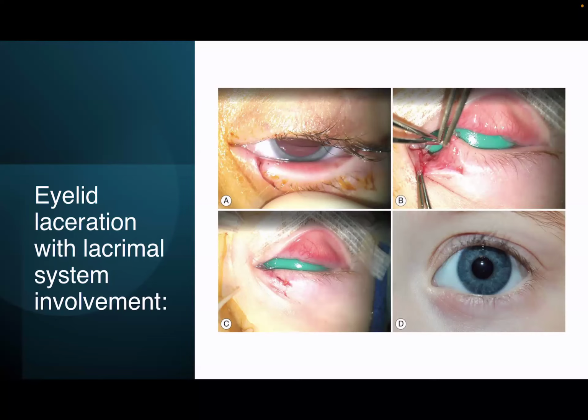So in the last three slides, we explained the marginal and non-marginal wounds and lid injuries and how to address them. Here's the third category, which is the eyelid laceration with the lacrimal system being involved.